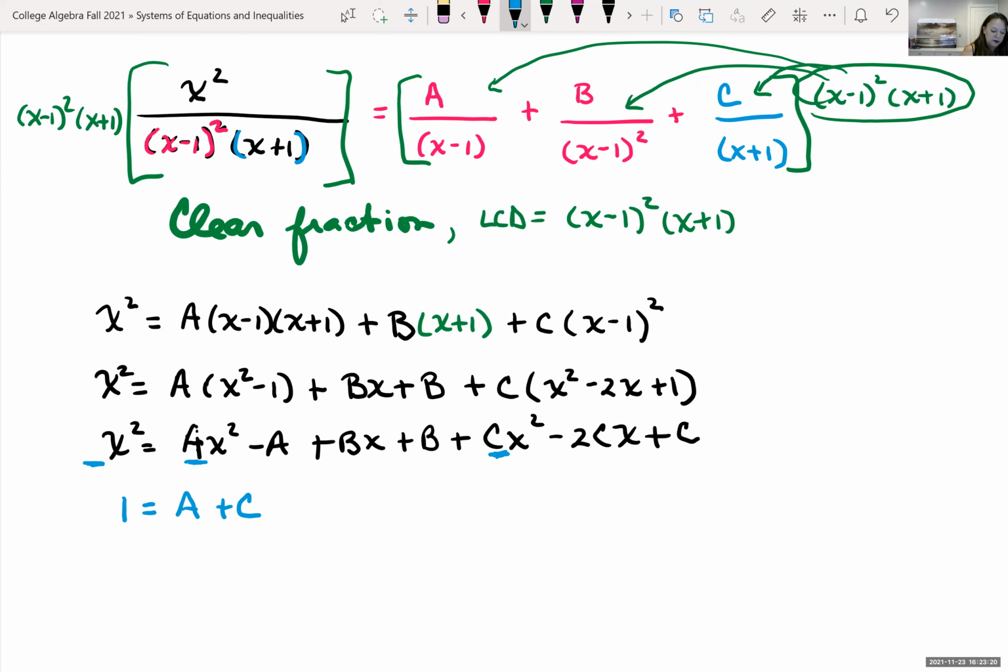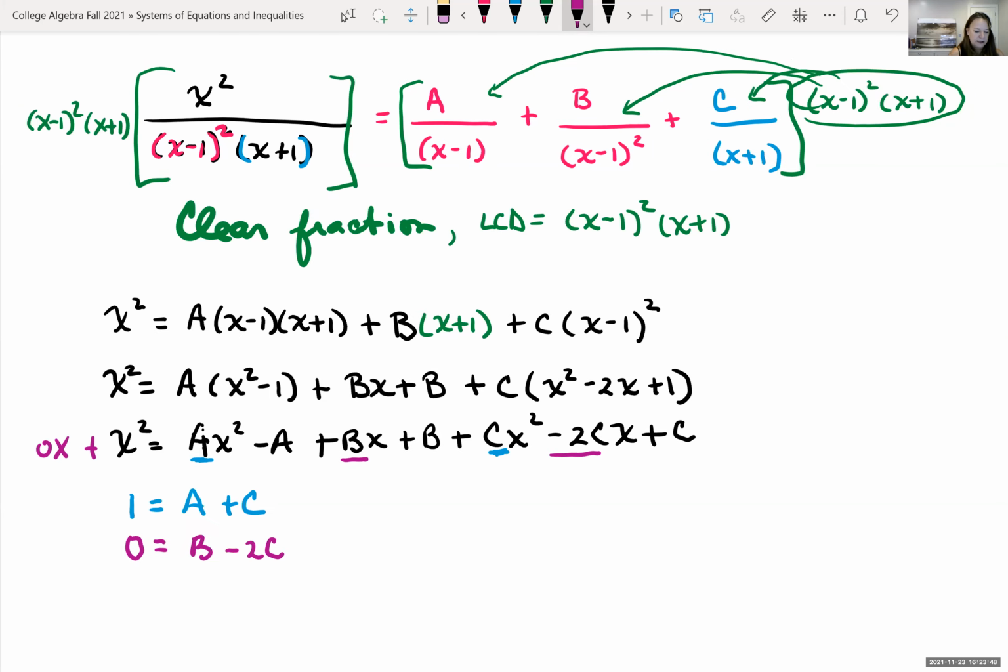Notice that there's no 0x term here. So we can think of this as in here plus 0x. So now let's look at all the coefficients in front of x on the right-hand side. So 0 is equal to b minus 2c. And the last one is our constant.